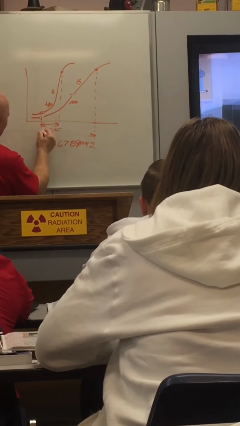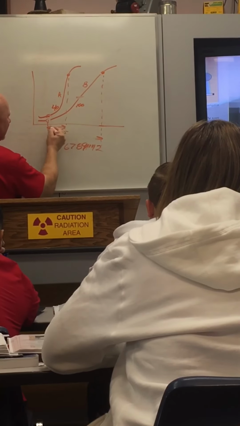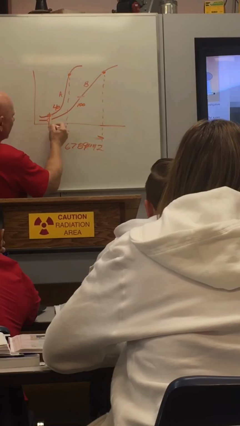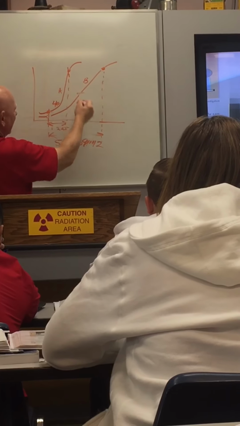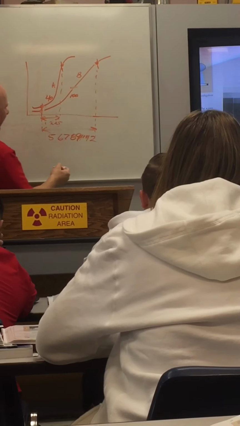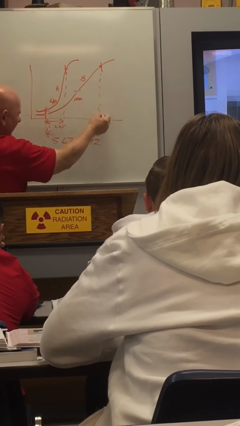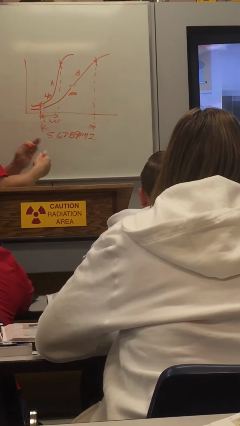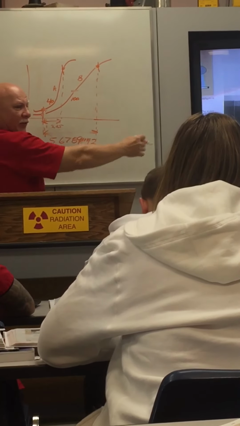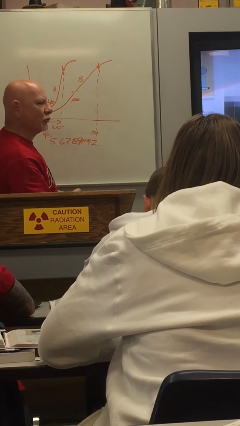So now we bring those lines down and say, this is exposure latitude of these two lines. That's where it takes off, and that's where it pretty much ends. This is where it takes off for this one, that's pretty much where it ends. So we bring those lines down, and those are what we call exposure latitudes. It's the latitude, or range, the width of the ranges that we can use.